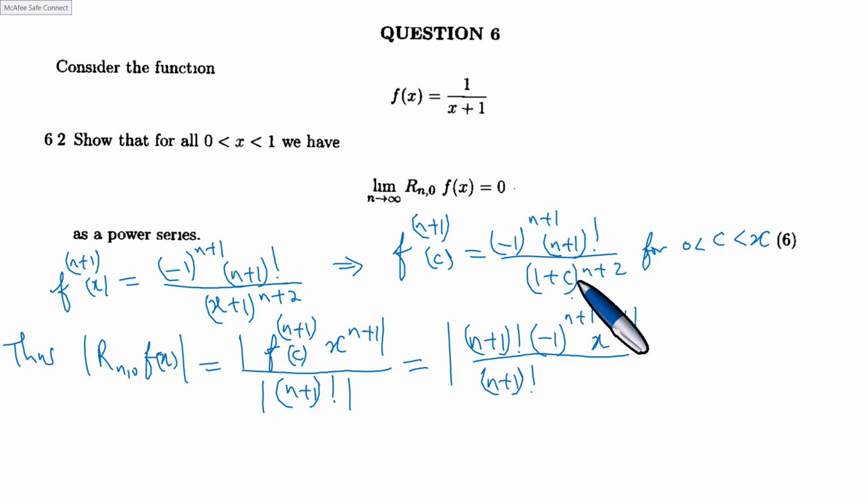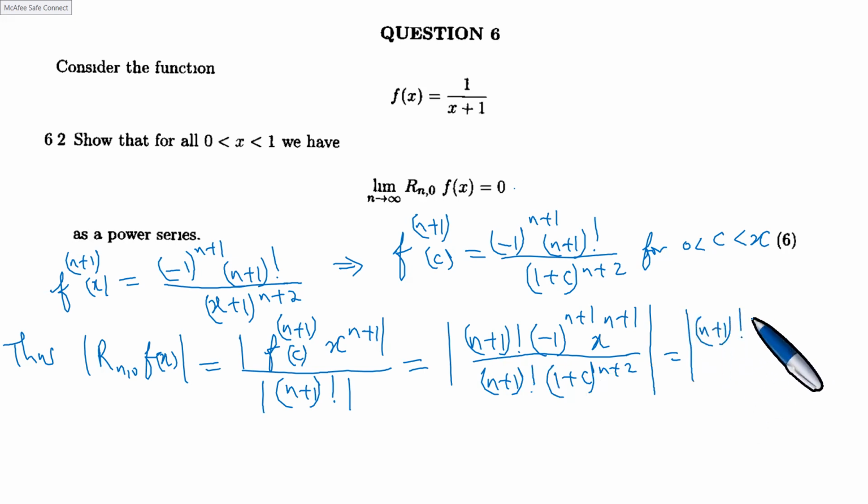And then you can write 1 plus c or c plus 1 to the power n plus second derivative. Okay, right, so this is the same as the n plus first derivative, x to the n plus first, which is n plus 1.